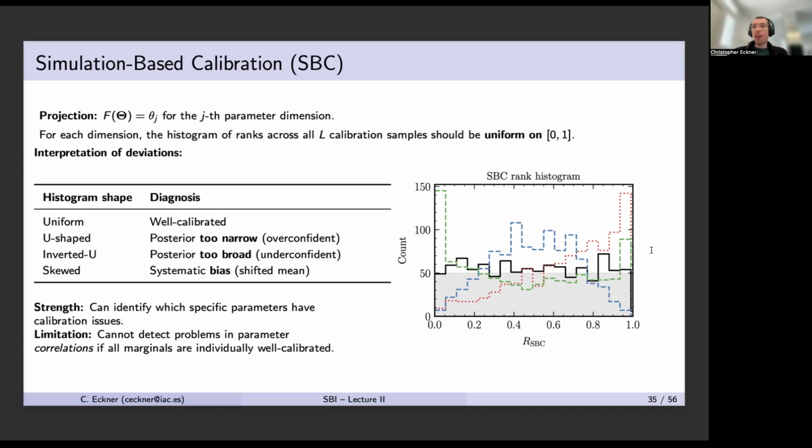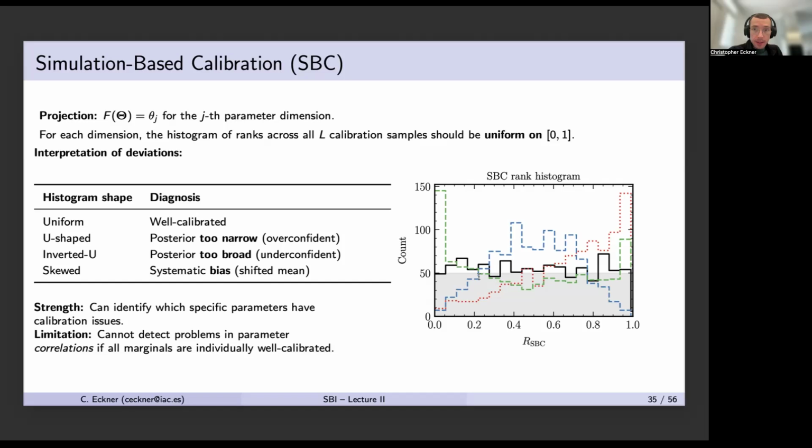So it should just be completely uniform and random across 0 to 1 if they are less than your true parameter, in this case. There are certain ways you can identify a deviation from this. If you have a U-shaped distribution histogram of your calibration metric values, this is a sign of being overconfident.